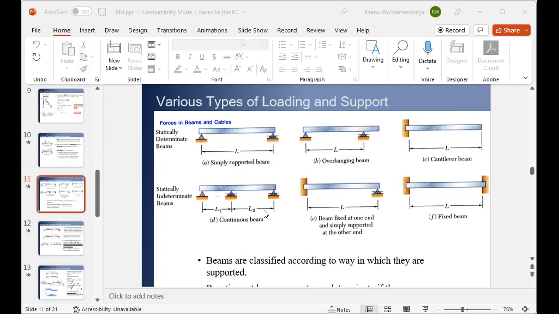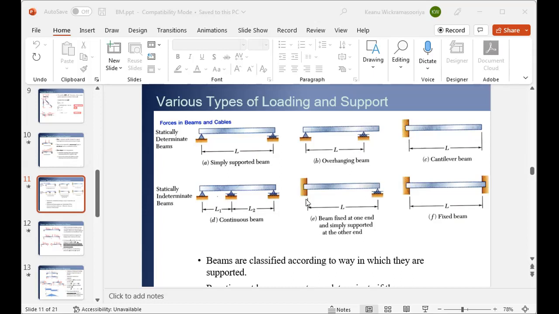But when it comes to a beam like this, where you have one knife edge and two roller supports, you will see that there will be three unknowns and you can get only two equations from the equilibrium condition, right? So this one will not be solvable completely using the equilibrium condition.